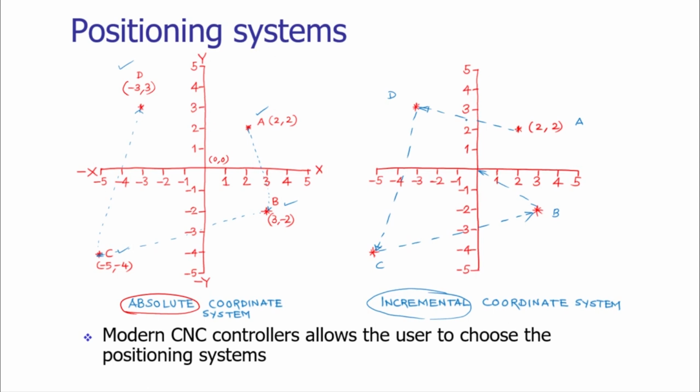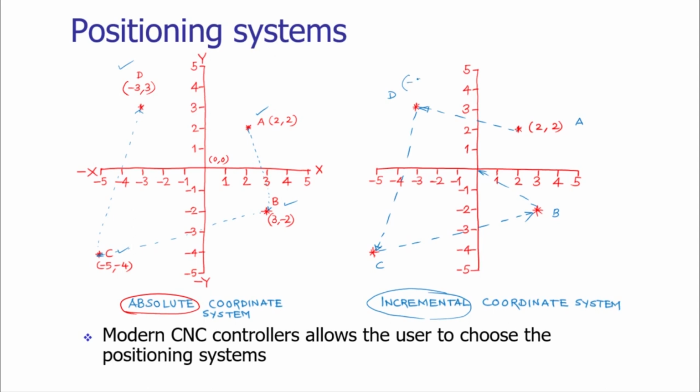Here you can see the absolute coordinates of point D are -3, 3. Point A is 2, 2, that is absolute. But now for how much distance we need to move from point A to point D, that has to be mentioned. How many units are there? 1, 2, 3, 4, 5, along the negative X direction.